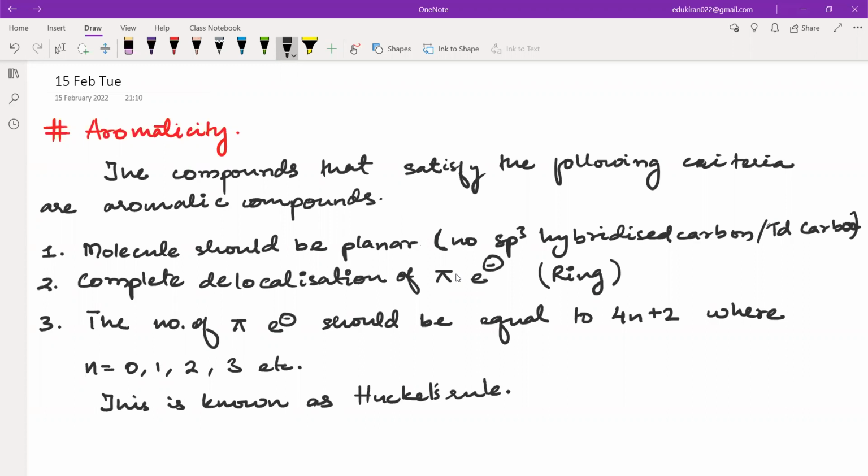Please let me know if you're done writing these 3 points.